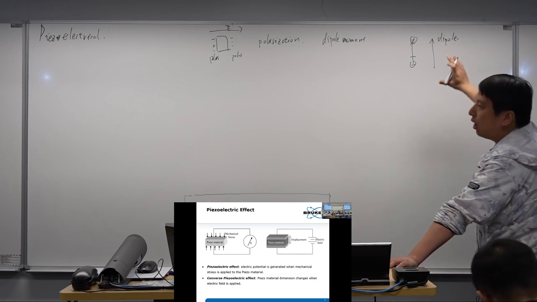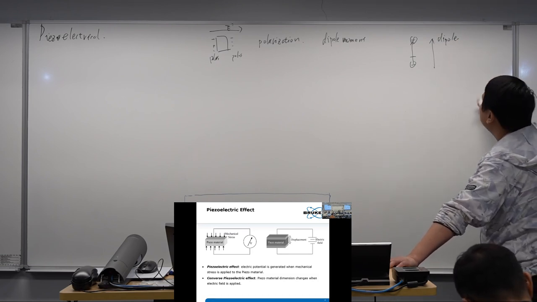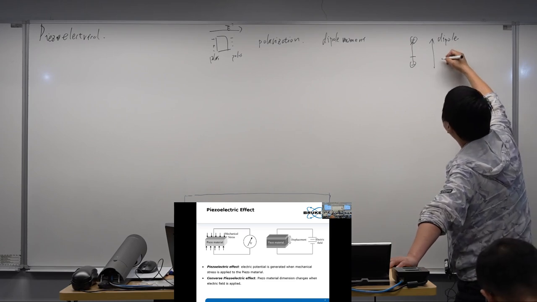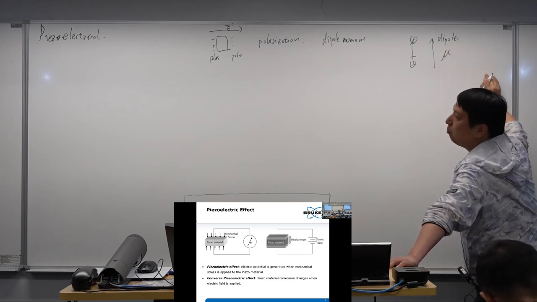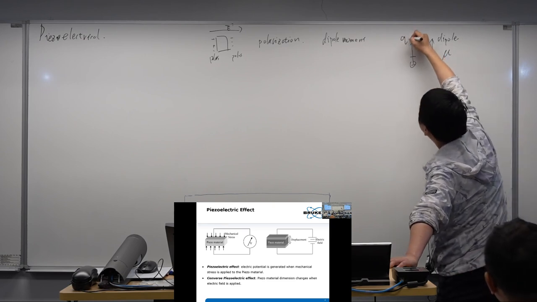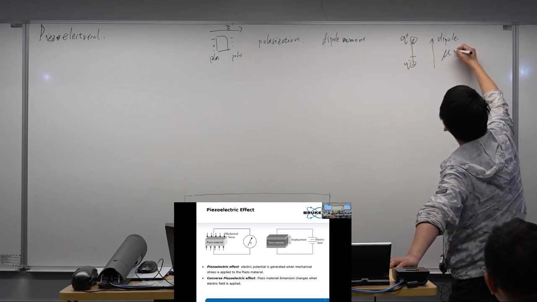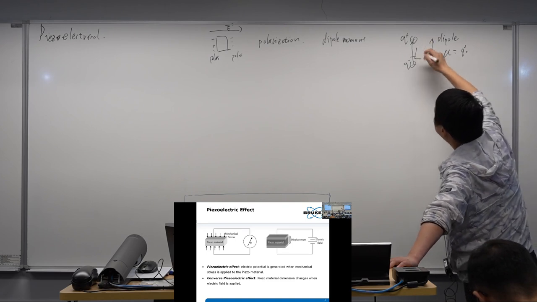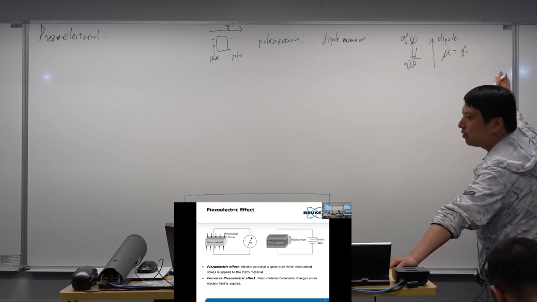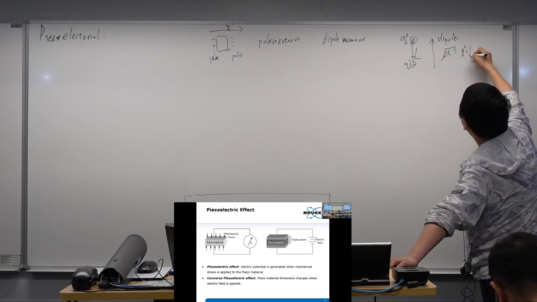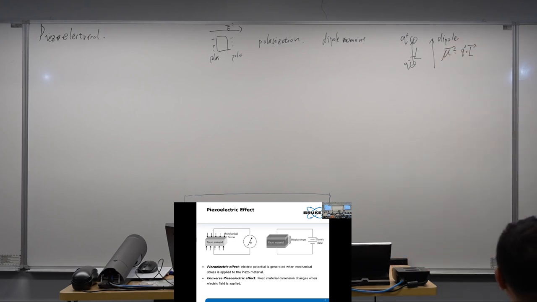To describe this dipole, we use a physical value called the dipole moment. I use mu to describe this dipole moment. It equals the charge times the length between them. Since the length itself is a vector, the dipole moment itself is a vector. This is a quite simple concept.